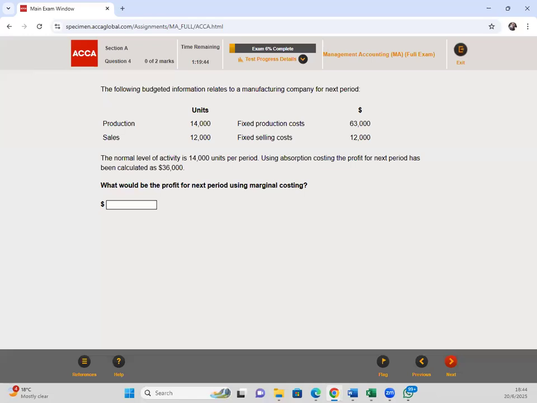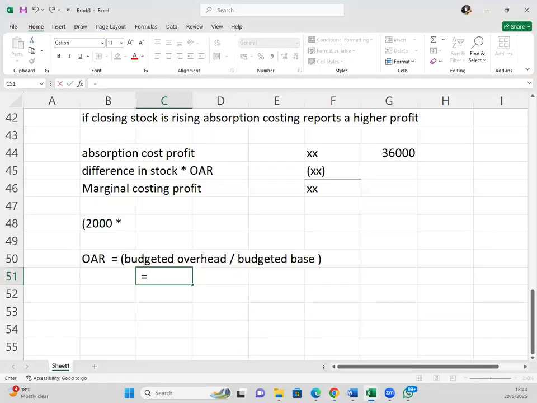So the budgeted total overhead is the fixed production cost. So the fixed production cost is 63,000. We divide that by the normal level of activity. We use the normal level of activity as our base. I remember 14,000 normal level of activity.